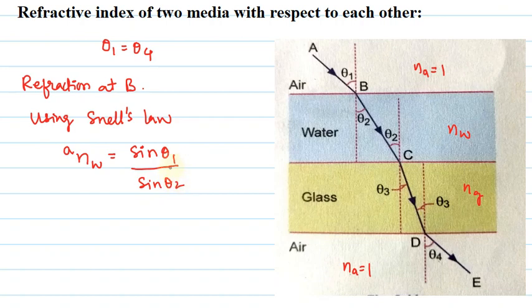We know Snell's law is n equals sin i by sin r. Here i is theta 1 and r is theta 2.